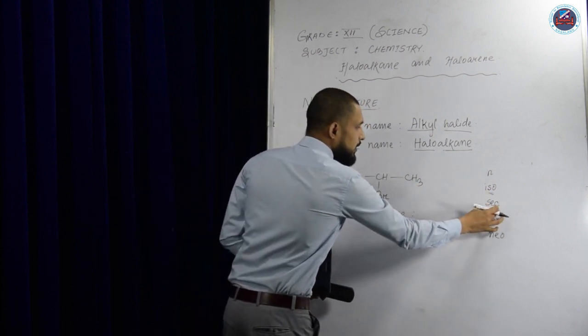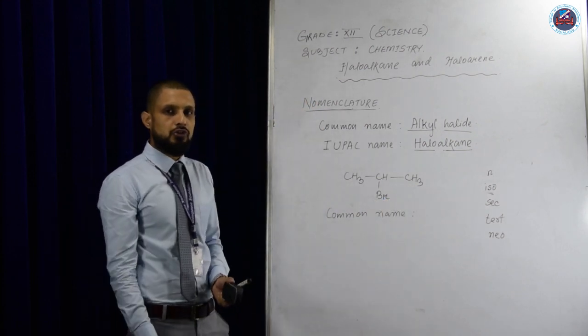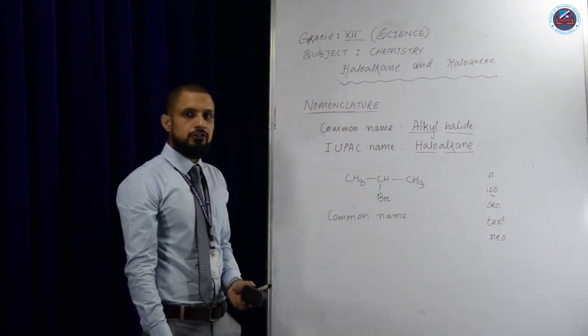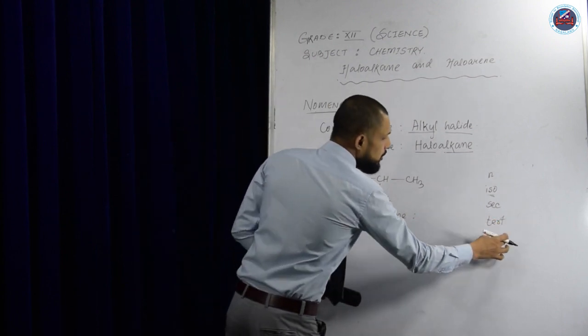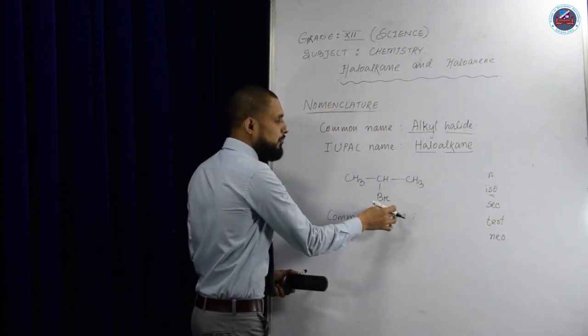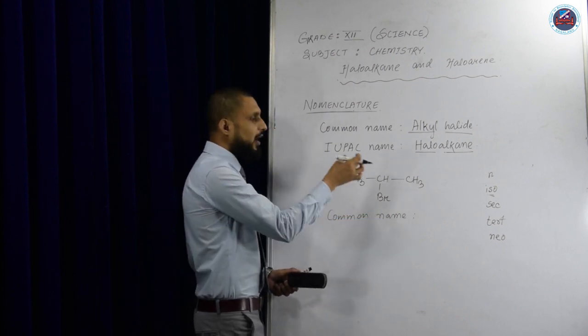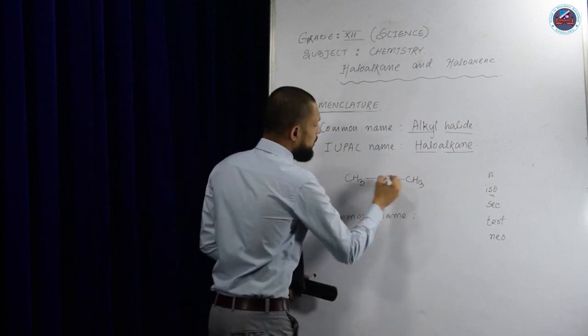Sec is used if the halogen atom is attached to a carbon which is 2 degree. Tert is used if the halogen atom is attached to a carbon with 3 degree. Whereas neo is used if the halogen atom is attached to a carbon which is 1 degree but is followed by 3 degree. So let us try to write a common name for this.